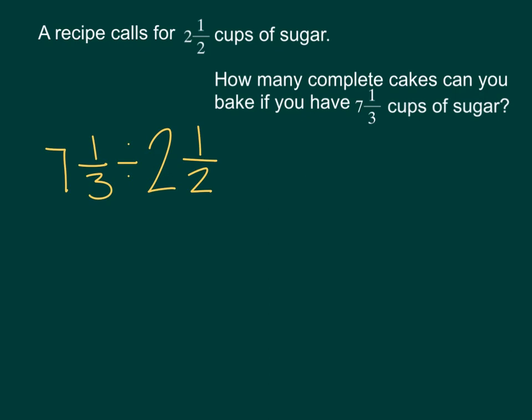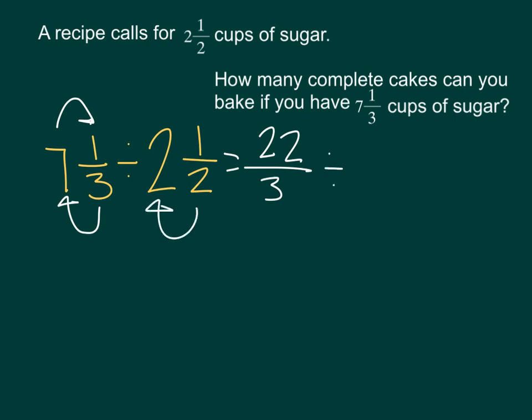Find our improper fractions. 3 times 7 is 21, plus 1 will be 22. Keep your denominator of 3. Second fraction will be 2 times 2, which is 4, plus 1 will give us 5/2. At this point, we are going to use keep, change, change, or keep, switch, flip.